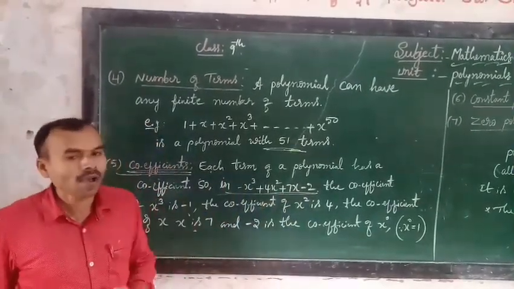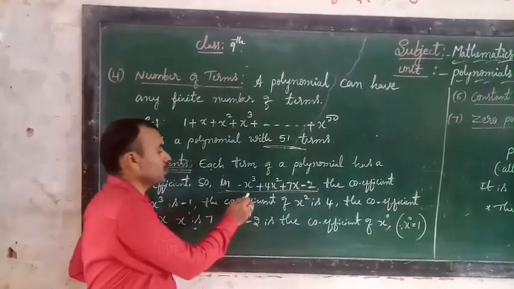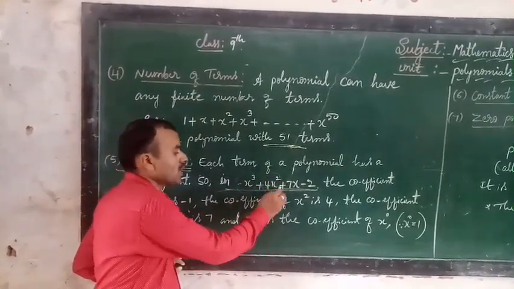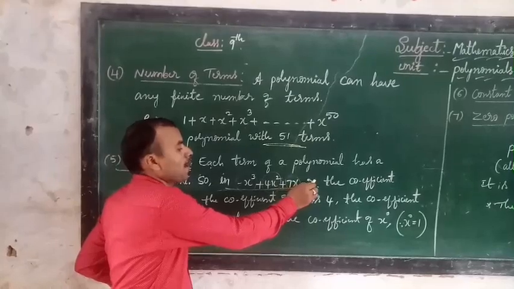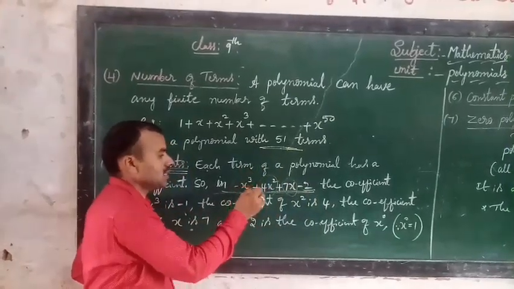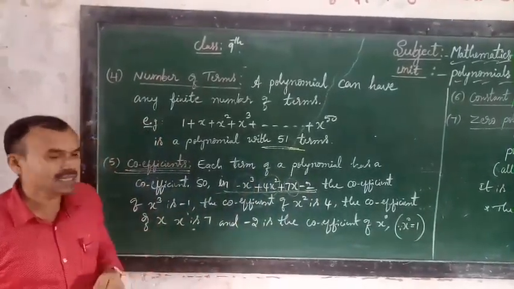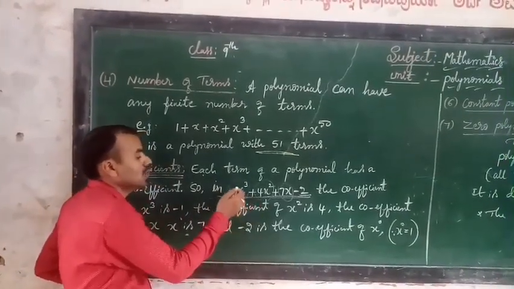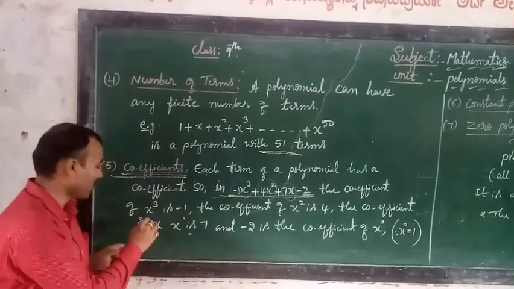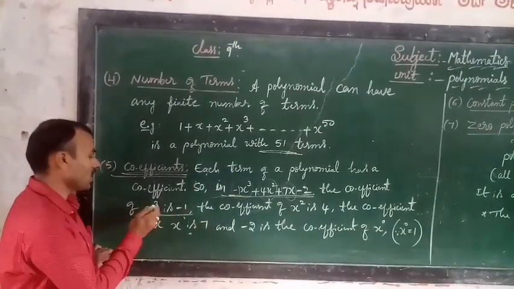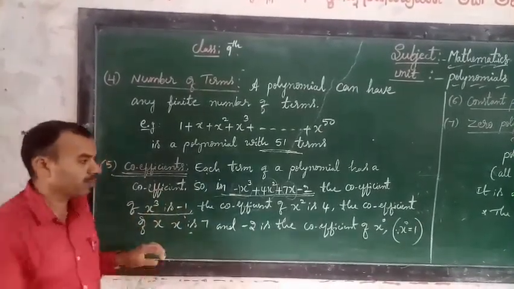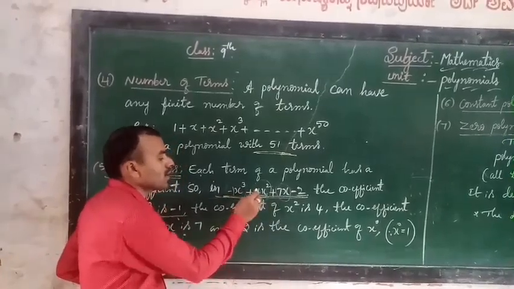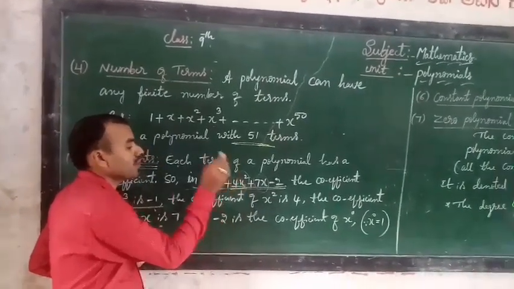This is the polynomial. Here each term is minus x cube, 4x square, 7x and minus 2. In these terms we can see the coefficients. The coefficient of minus x cube, that is minus 1 x cube, is minus 1. The coefficient of 4x square, 4 is the coefficient of x square.